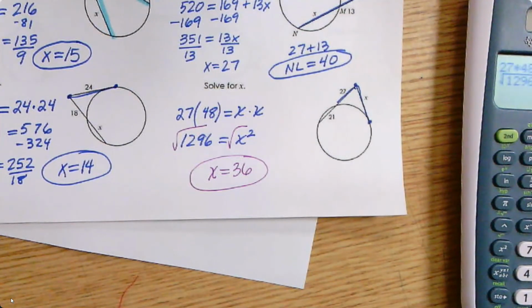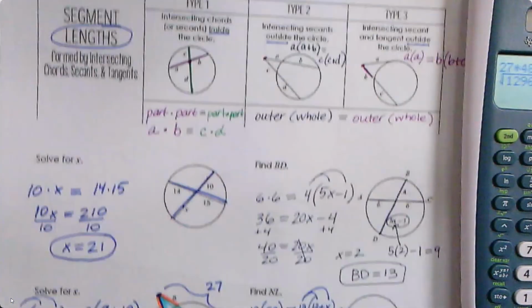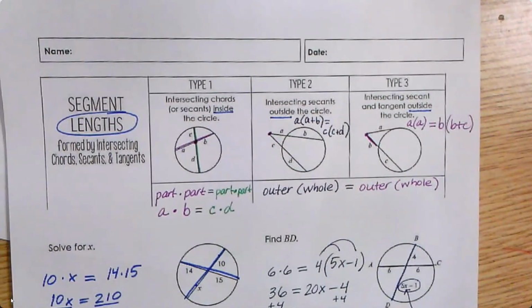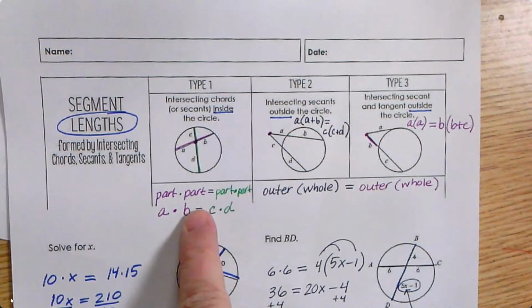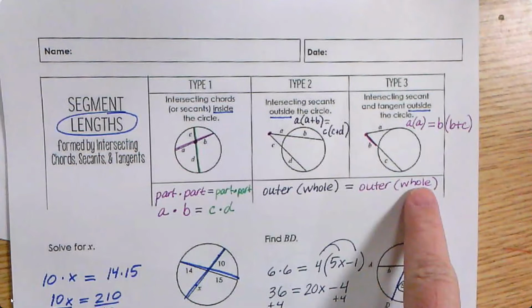Now, what I suggest you do next is freeze your screen on this picture here to remind you of what the rules are. Here's one rule for when they meet inside the circle, and it's a different rule if they meet outside the circle.